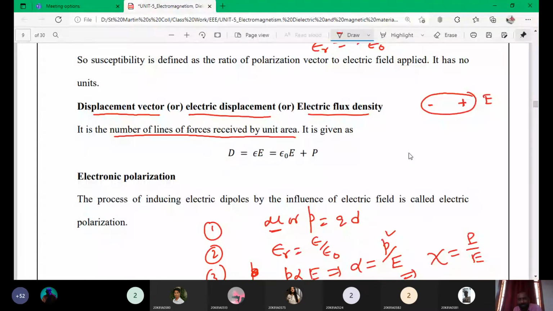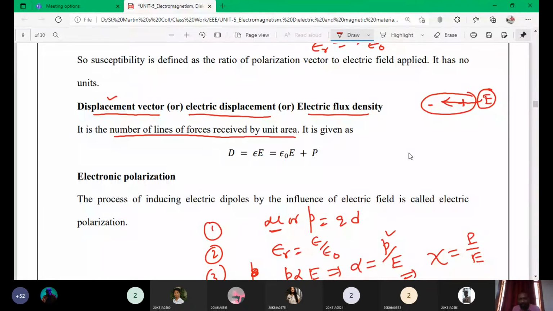Or you can say it tells how many electric field lines the dielectric material received.